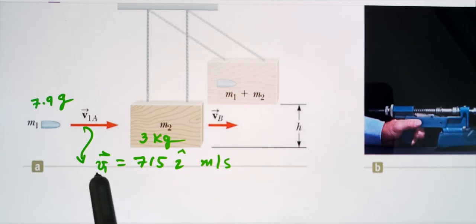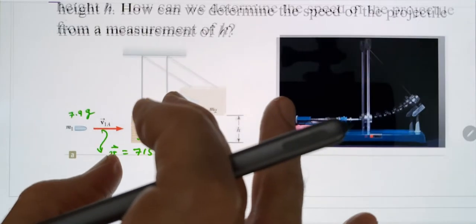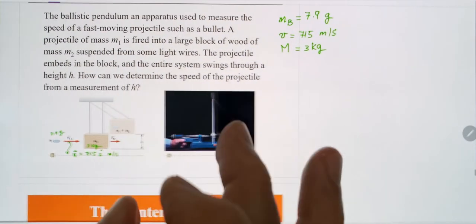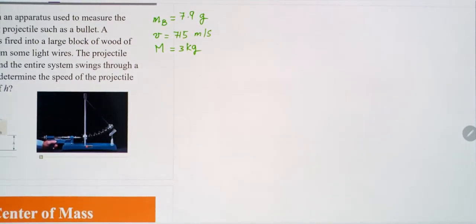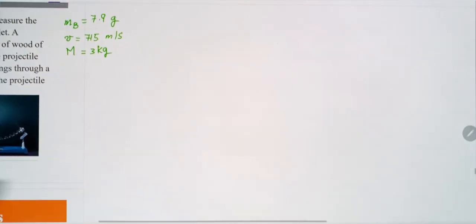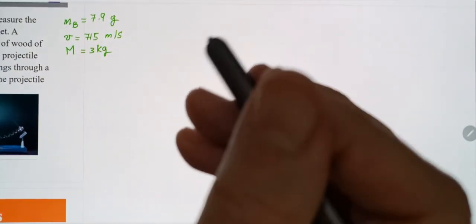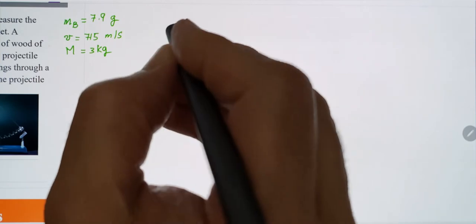And again, this is a vector. We can ignore that in one dimension, and positive or negative will tell me the direction of that vector. As I told you, we have two parts in this problem. In the first part, momentum is conserved.